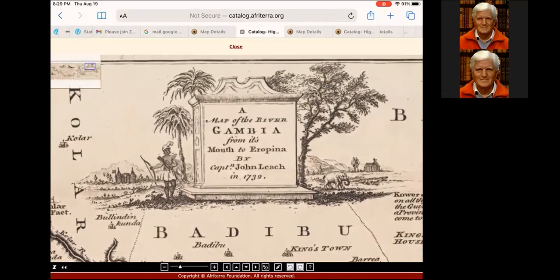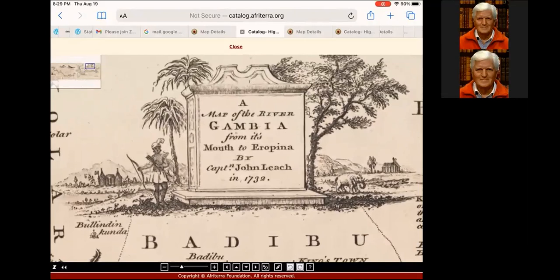1732. Now, the cartouche are not photographs. They're iconographic representations, often quite fanciful. Here, for example, we have no idea whether these bow and arrow representations with the person on the left represent real bows and real arrows that were in use at the time, or whether that's just the generic equipment for a native.